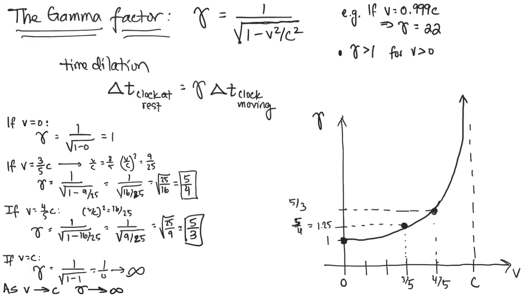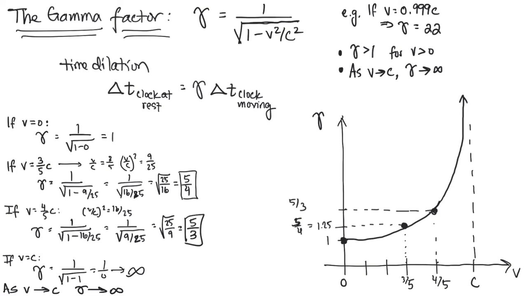So in this time dilation equation, the left-hand side is bigger than delta t of the moving clock, by this factor of gamma, which is larger than 1. The other takeaway point is that as v approaches c, gamma approaches infinity.